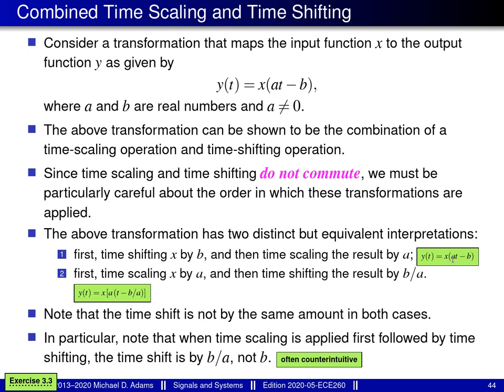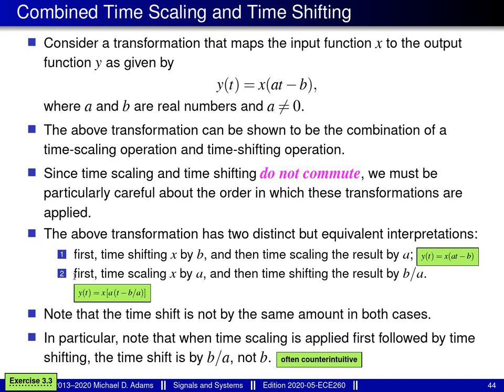And then the next step in the flawed logic is we say that a is associated with time scaling, and because order of operations says we have to multiply by a first, this means that we're time scaling first by a factor of a. But clearly this is not the case, because we're time scaling second. We're actually time shifting first. Okay, so that doesn't look so good. Maybe your intuition might lead you astray in that case in terms of the order in which these operations occur. But let's look at the second case.